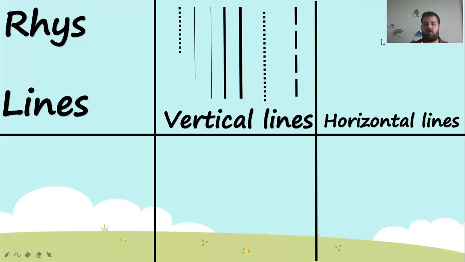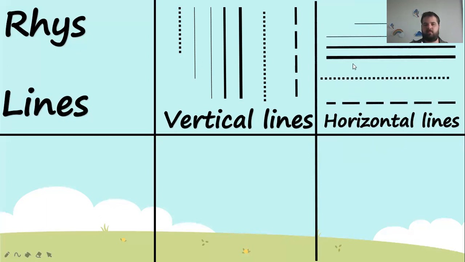Okay, let's draw our horizontal lines. These ones go from left to right, or you could go right to left. You may draw as many or as little as you like, as long as they are left to right or right to left. Okay, you may pause the video. We're going to go on to our next one.